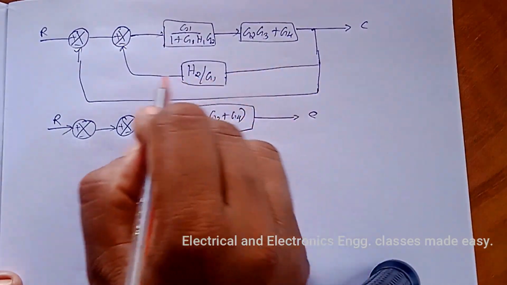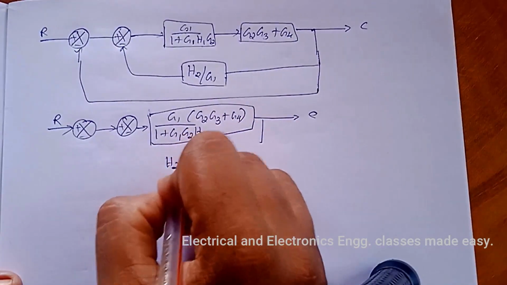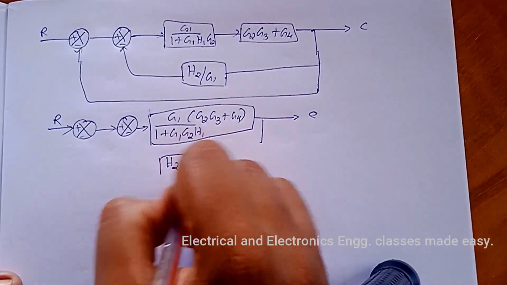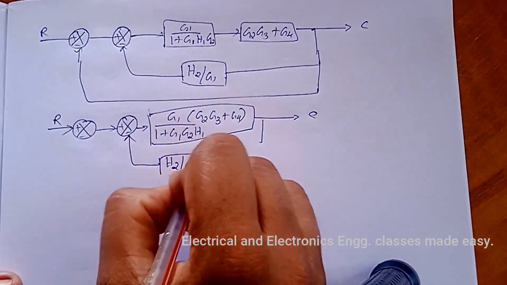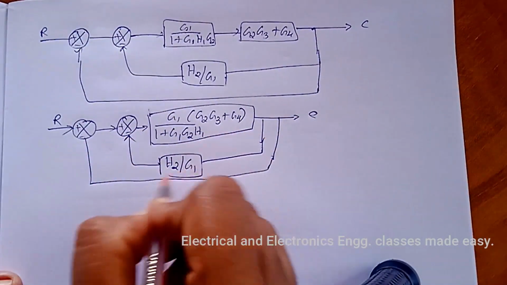And there are another two feedback paths, so we can draw like this, H2 by G1, one feedback path, another feedback path is this one.